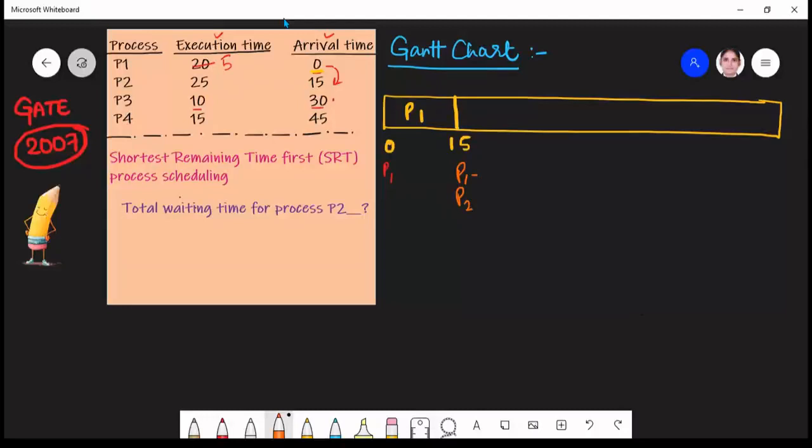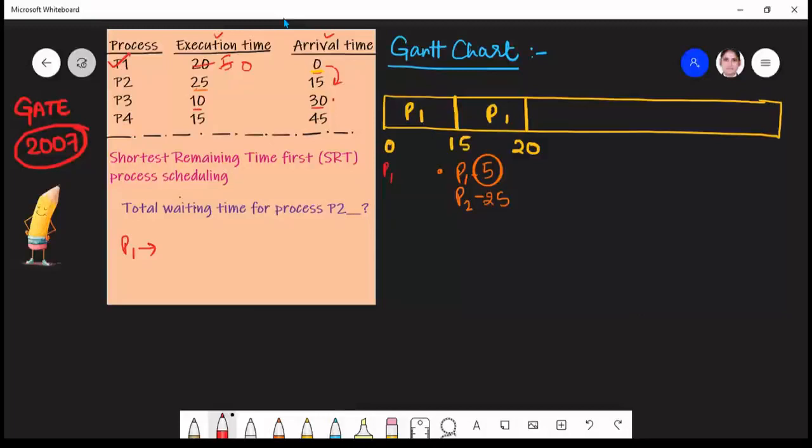The remaining time of P1 is now 5 and P2 is 25, out of which P1 is minimum. So P1 will continue in the CPU for the next 5 milliseconds. So 15 plus 5 is 20. Here P1 has completed its execution, and P1 completed first.